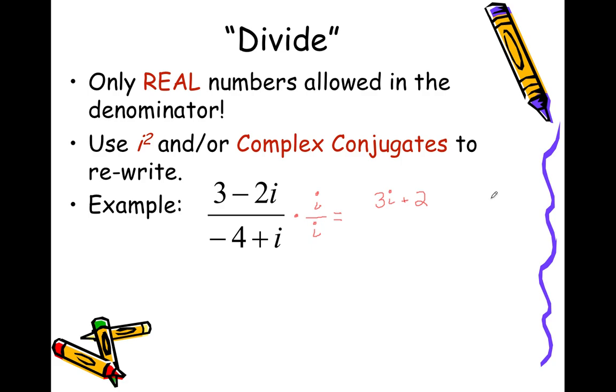And negative 2i squared is negative negative 2, which is positive 2. What happens in my denominator? I got an i squared, which is a real number, but did I get only real numbers in my denominator? No. Sadness, madness.